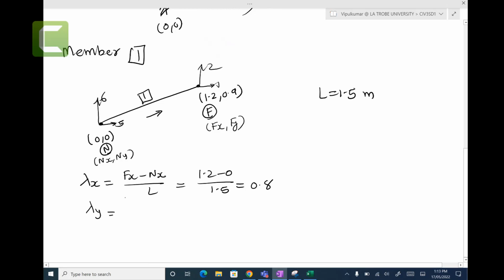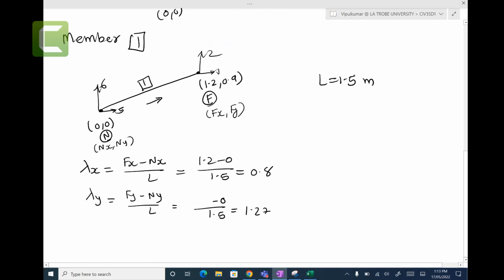Lambda y is far node y minus near node y over L, which is 0.9 take away 0 over 1.5, sorry, that is 0.9, not 1.9. So 0.9 over 1.5 is 0.6. Right, so lambda x, lambda y done.